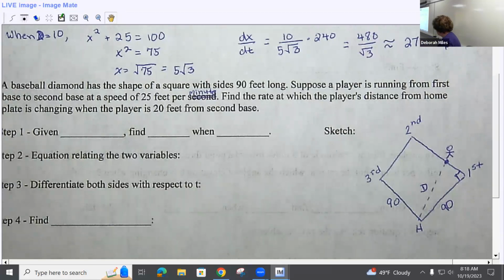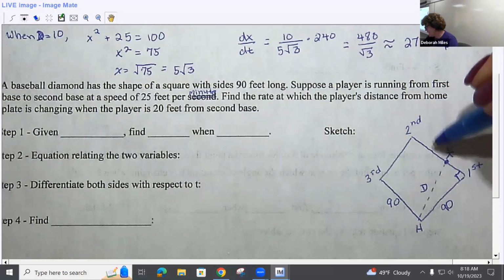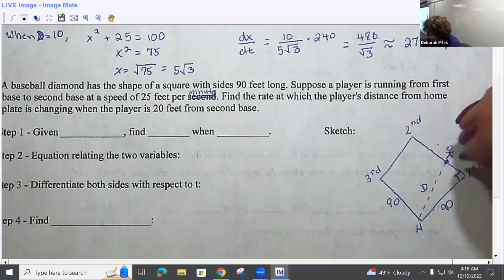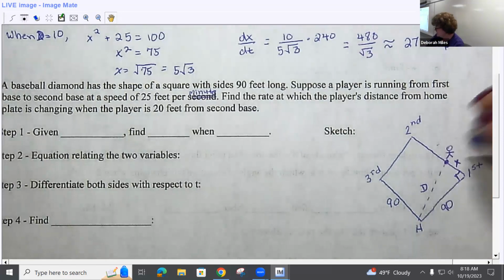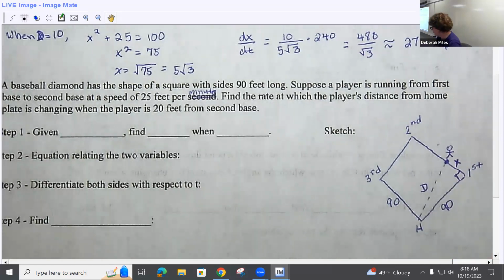You label your picture however you want. If I label X the distance from second base right here, then I'm going to have to say that distance would be 90 minus X. So it may be easier just to call this X, since that would give me labels for all three sides of a right triangle. But I could have called this X. Up to you.